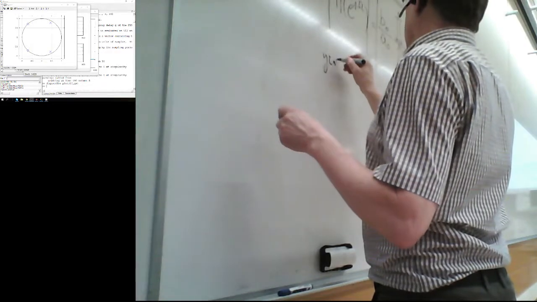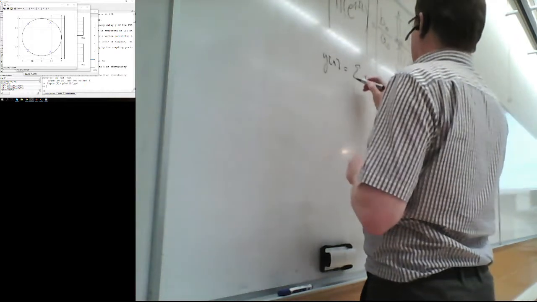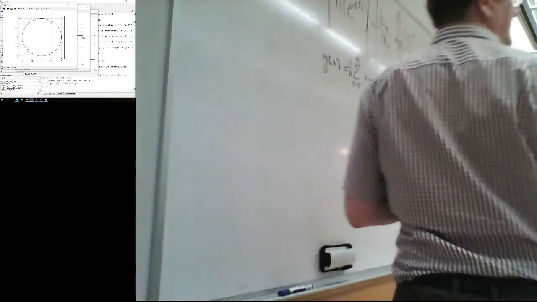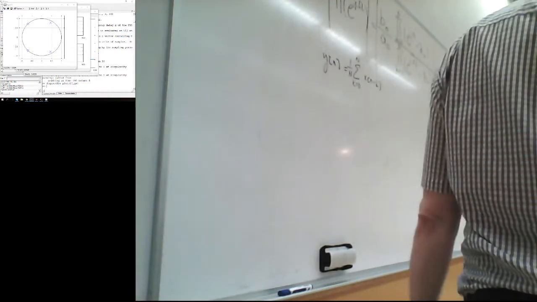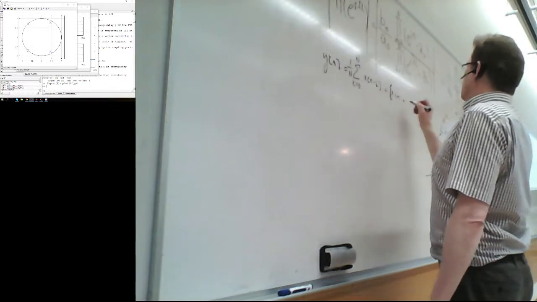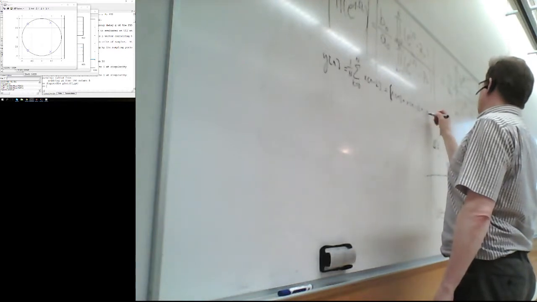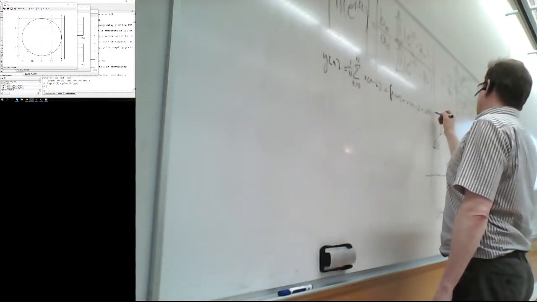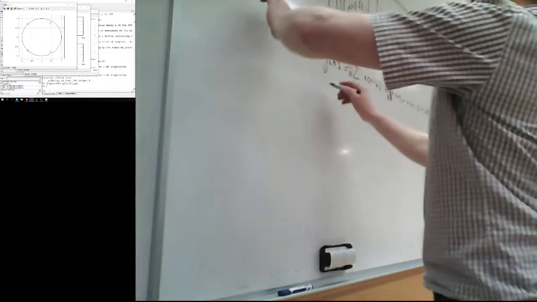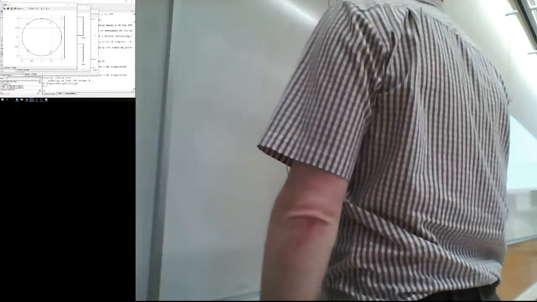So y[n] equals 1 over N times the sum of x[n minus k], for k from 0 to N. Okay, that's the running average, meaning that you take x[n] plus x[n minus 1] plus, and so on, plus x[n minus N], divided by N. And the Argand diagram would look something like this.